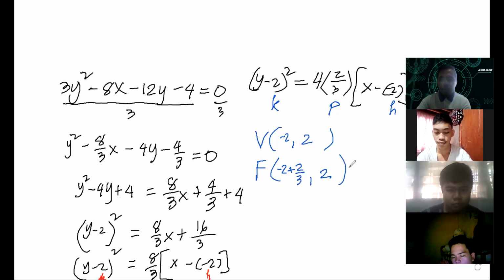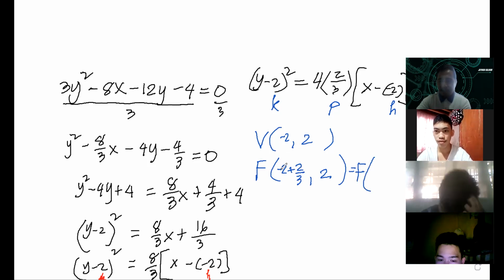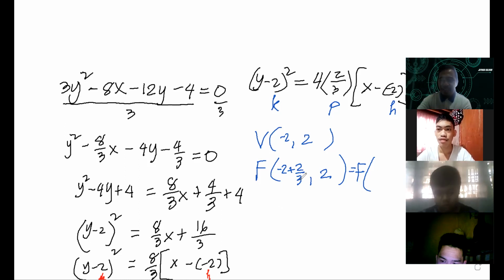And if you simplify it, do it mentally, what is the answer? Negative 4/3. Very good. How did you get it? You add the 2/3 plus negative 2, then the value of k. Okay.